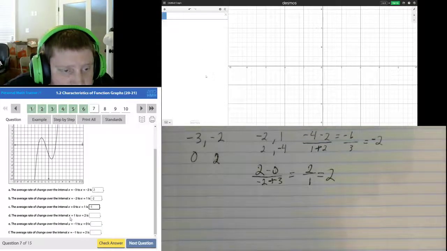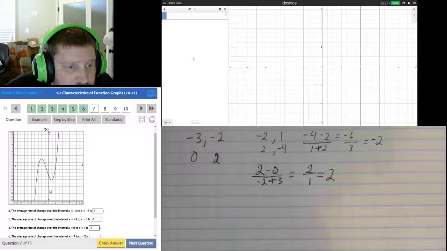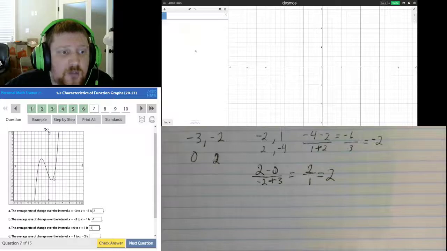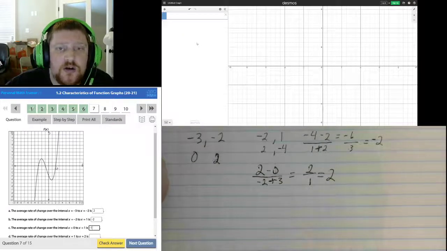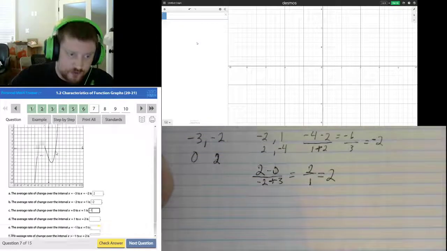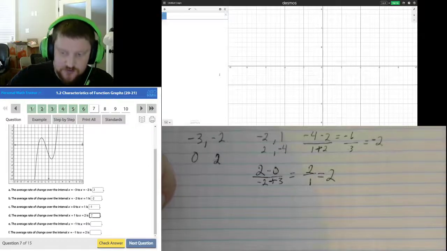Again, we're only moving one space, this time from 1 to 2. 1 we said was -4. 2 is 0. So we're starting here, ending here, going up 1, 2, 3, 4, and over 1. So that's up 4 over 1. So our rate of change is 4.